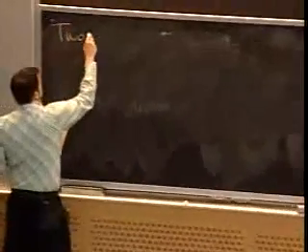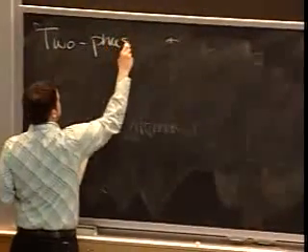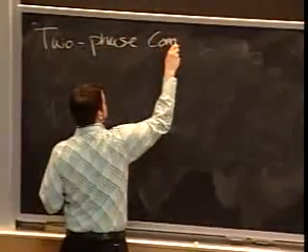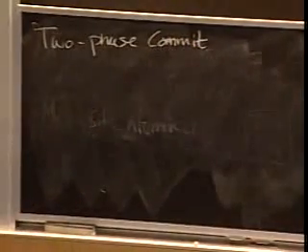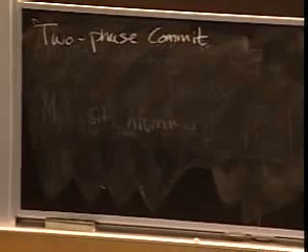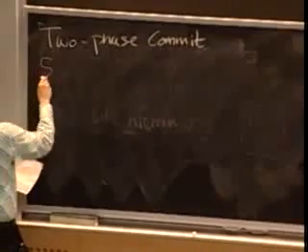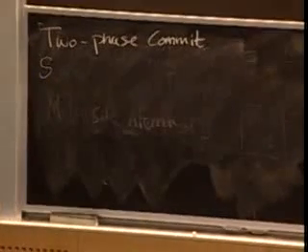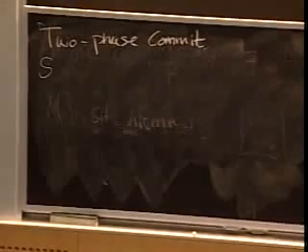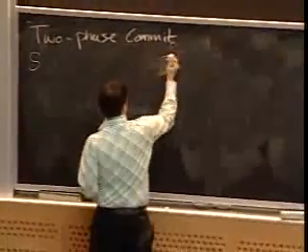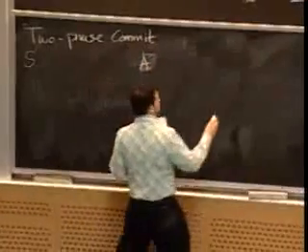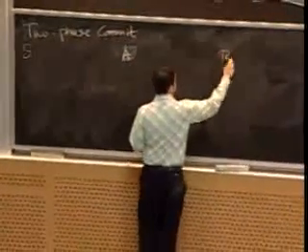And the protocol we're going to use is called two-phase commit. So suppose we have our node S, the coordinator node that represents the travel site, and we also have our two worker nodes that correspond to JetBlue and US Air, A and B.